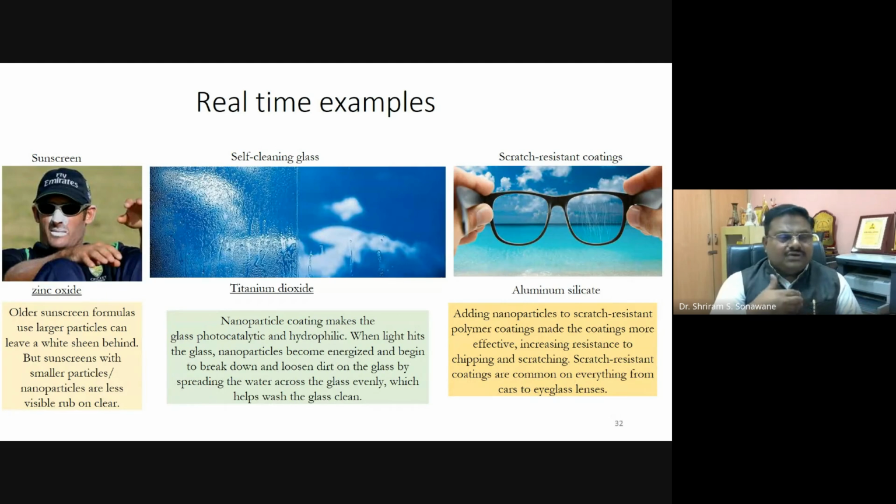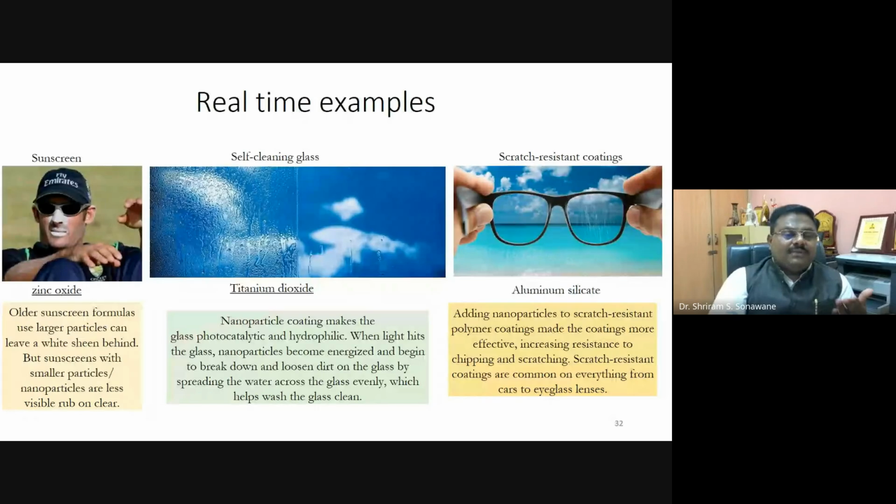Whatever SPF you can see on sunscreen lotions, the claim is that it is about the number of nanoparticles added to that particular cream. That can help pass light to the skin and it will reduce the light, avoiding darkness of our skin. So when it is written SPF 50, it means 50 nanoparticles added to that particular sunscreen lotion. SPF 25, 25 nanoparticles added, like that.